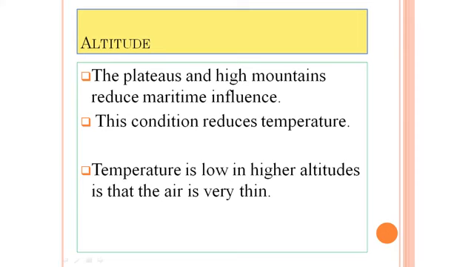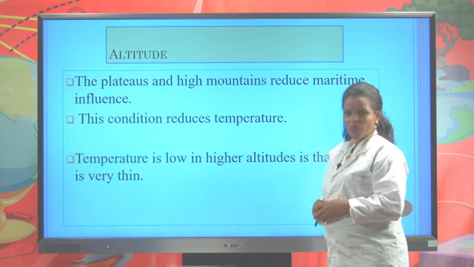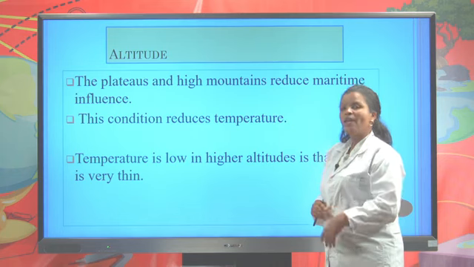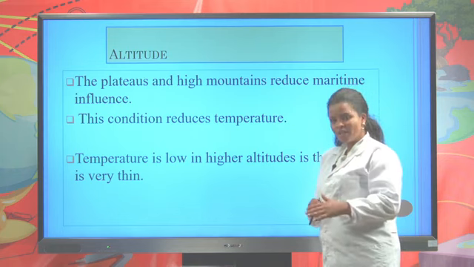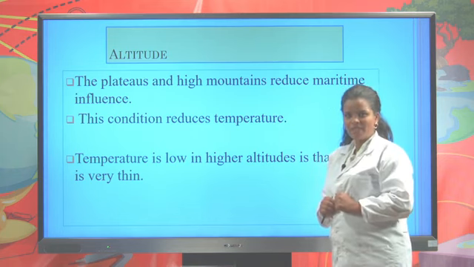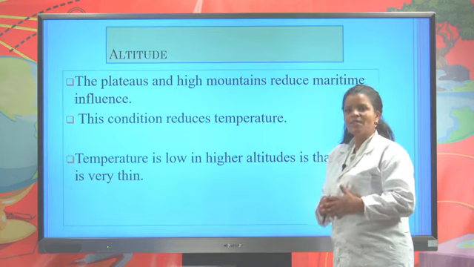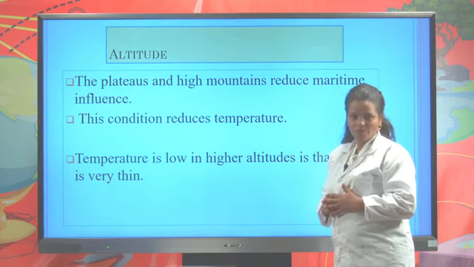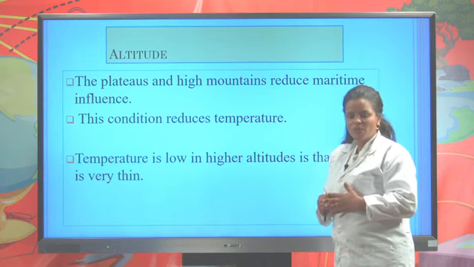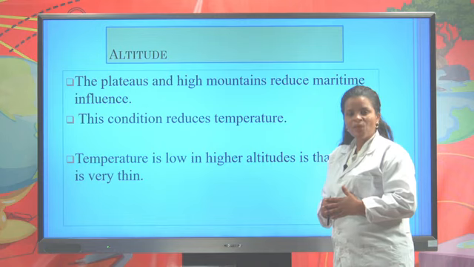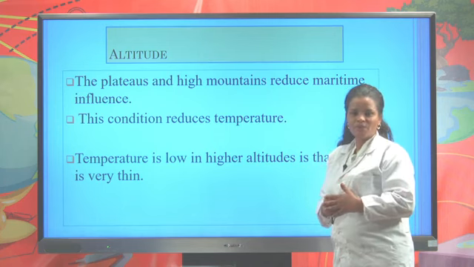How does altitude affect the climatic condition of Africa? When altitude increases, temperature decreases. That means plateaus and high mountains reduce the maritime influence. This condition reduces temperature. So temperature is lower at higher altitude, and temperature is high at lower altitude.